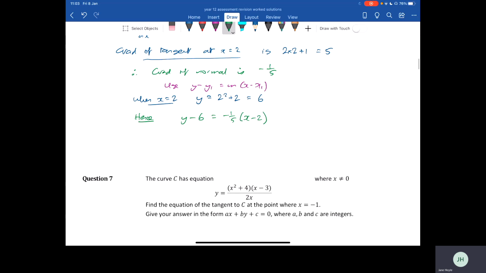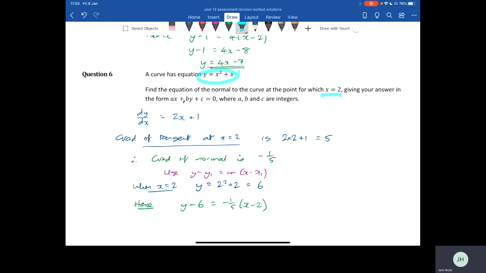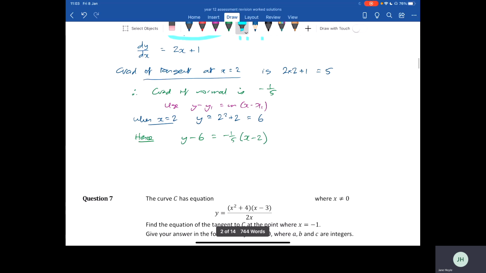Expanding those brackets, y minus 6 is minus 1/5 of (x minus 2). It would be sensible to do something first, because of how the question's been asked. It wants, in that form, a, b, and c to be integers, so we don't want any fractions.